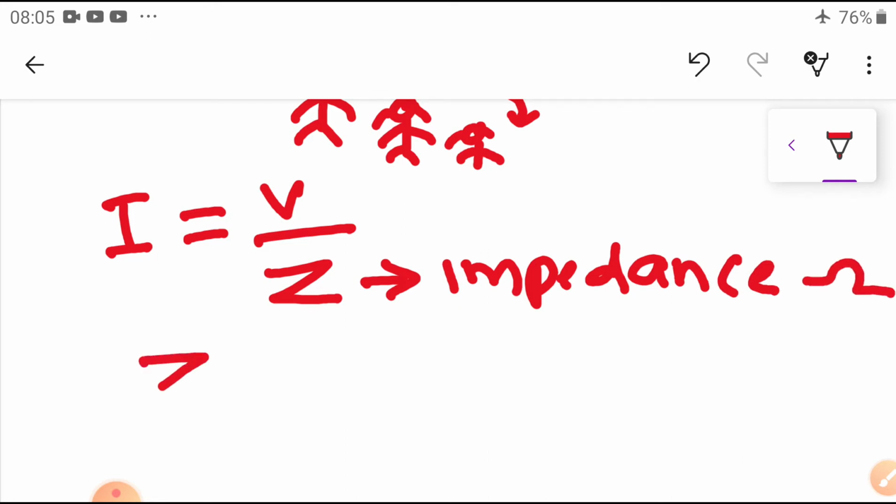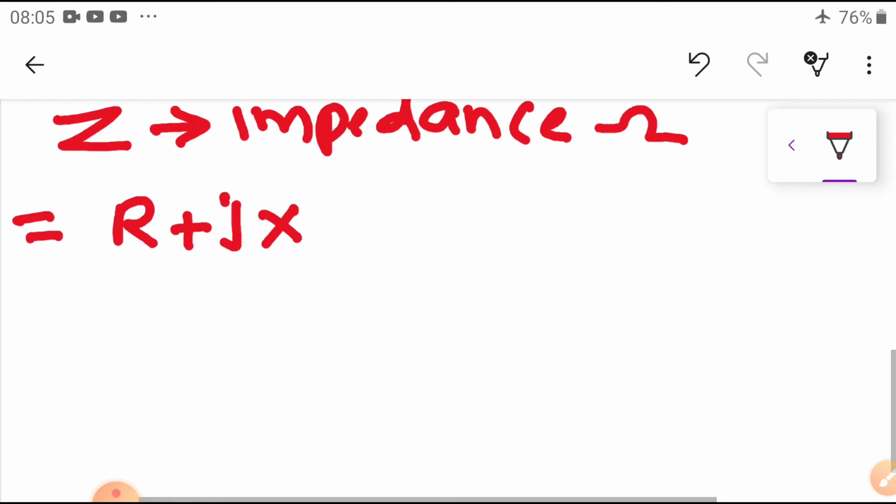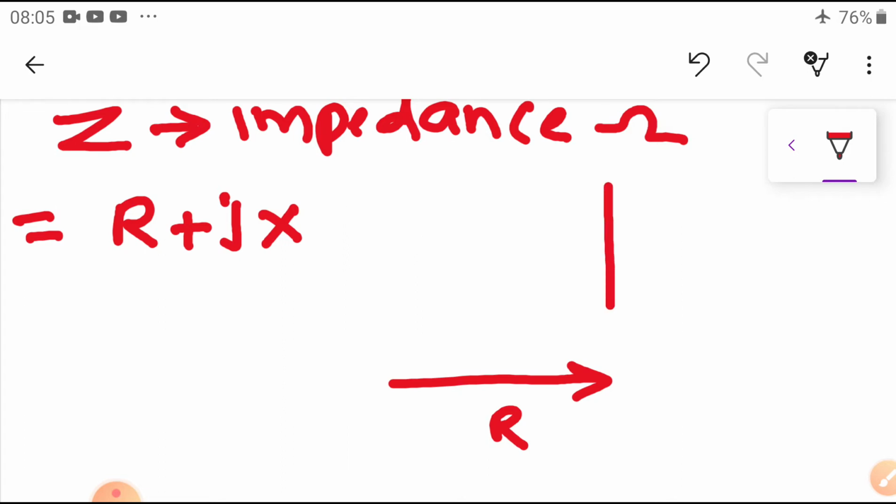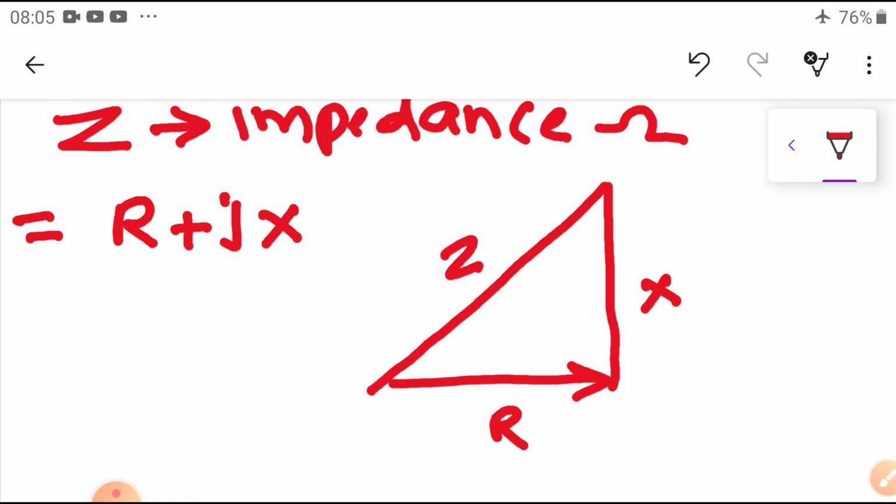Z is equal to R plus jX. So, last class we have seen the impedance triangle also. This is R in phase with the voltage, here that is called X, and this is Z, with angle phi. This is the impedance triangle.